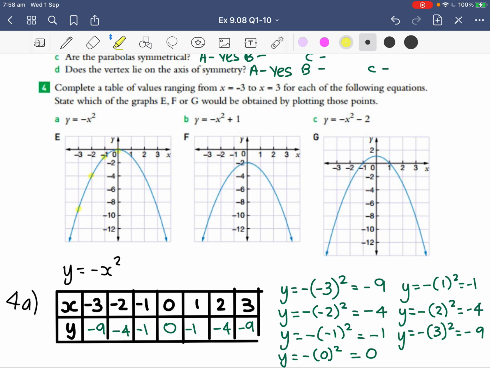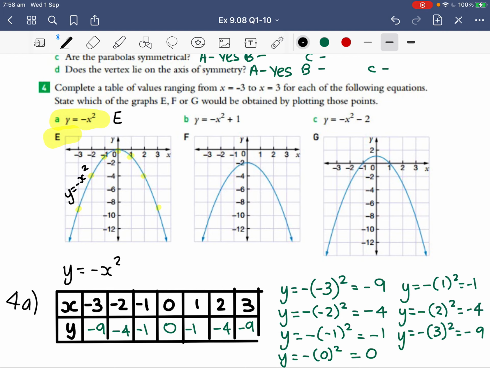Then (0, 0), (1, -1), (2, -4), and (3, -9). So that means that A is matching up with E. On A, I'm going to write the equation y equals -x squared to match it up. So therefore A equals E.